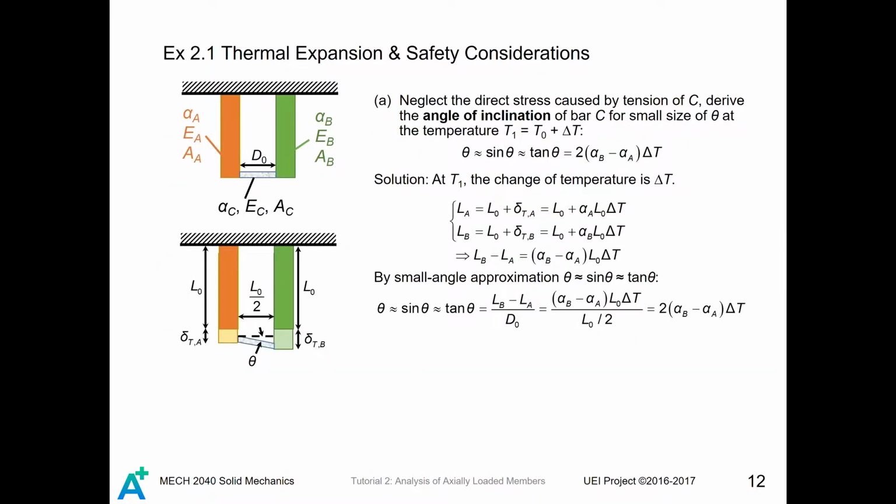Starting from problem 1, firstly we will find the length of A and B by using the change of length formula under axial strain. For this part, we are going to neglect the direct stress caused by tension of C, so I assume there is no direct stress acting on the tips of A and B, and we have to derive the angle of inclination of this bar.